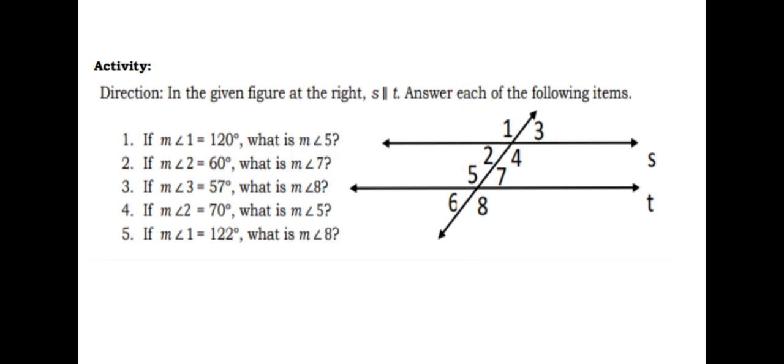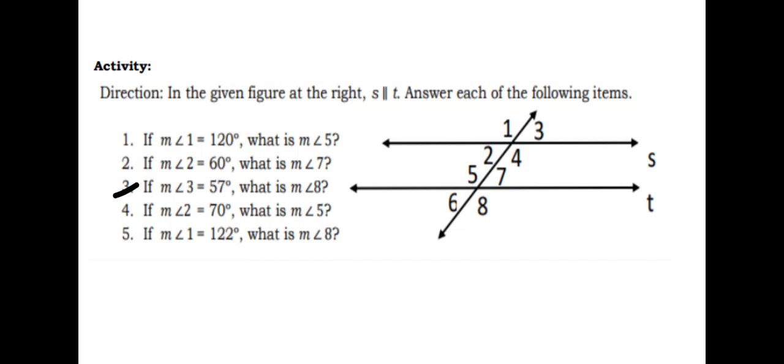Number 2, if angle 2 is 60 degrees, where is 2? This one, 60. What is 7? So 2 and 7 are alternate interior, so therefore they are congruent, right? So if you know the relationship, it's very easy to find the missing measure.